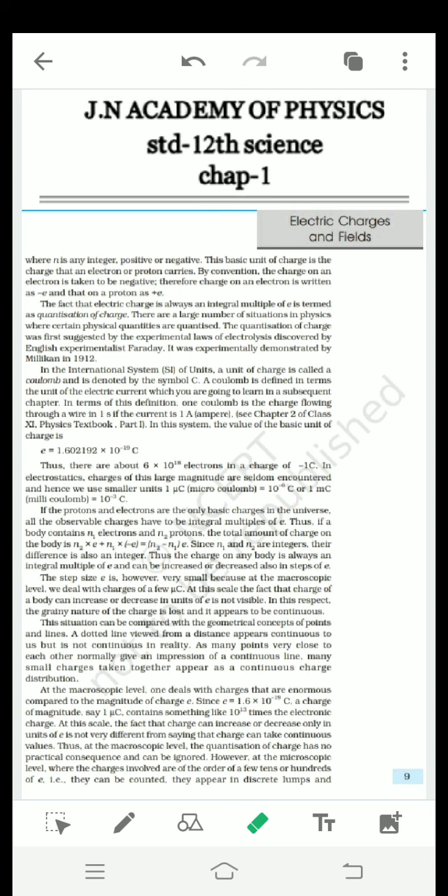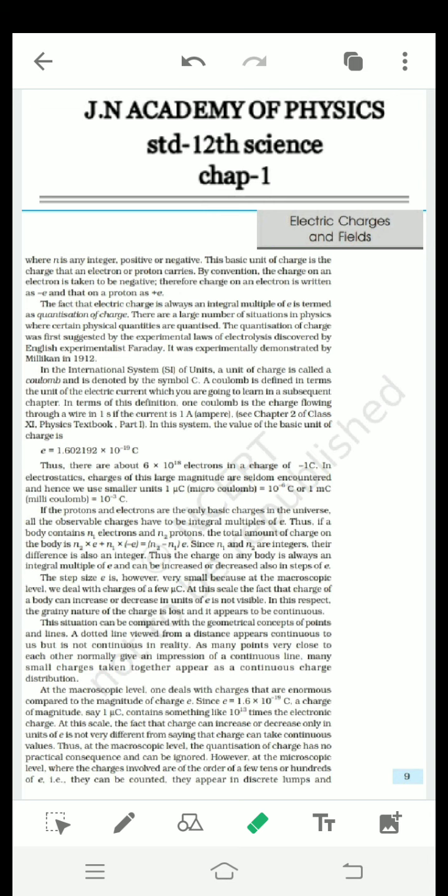Since e equals 1.6 times 10 to the power minus 19 coulomb, a charge of magnitude, say, 1 microcoulomb contains something like 10 to the power 13 times the electronic charge. So at the macroscopic level, the quantization of charge has no practical consequence and can be ignored.